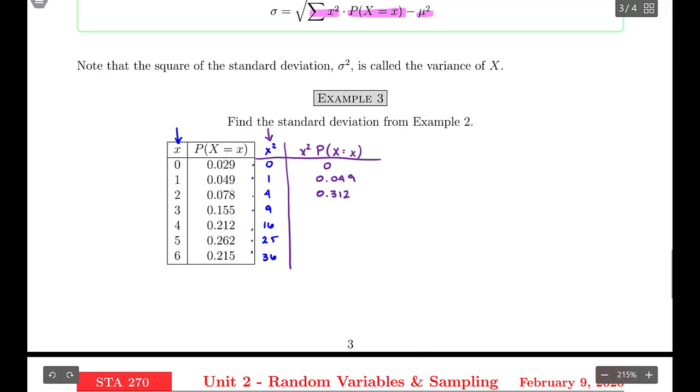The fourth one will be 1.395. The fifth one, 3.392. The sixth one will be 25 times 0.262, 6.550. And the last one is 36 times 0.215, 7.740. Now we add those together, and we get 19.438.